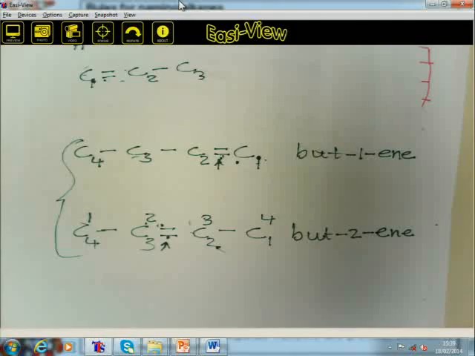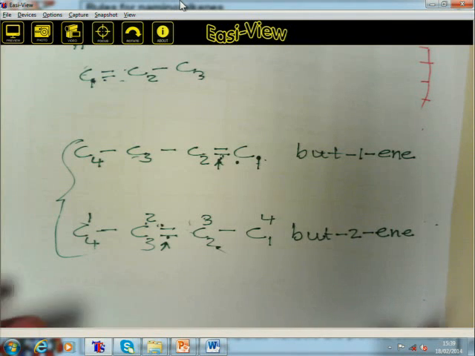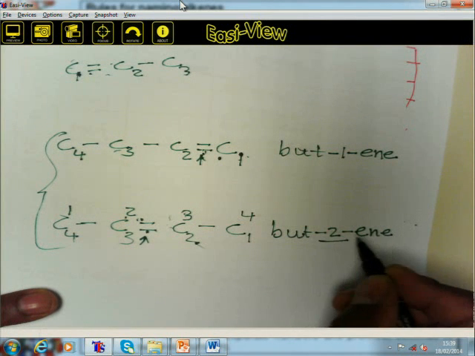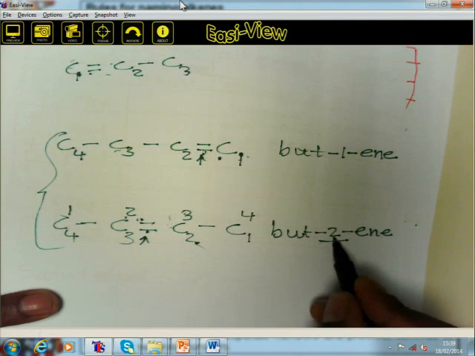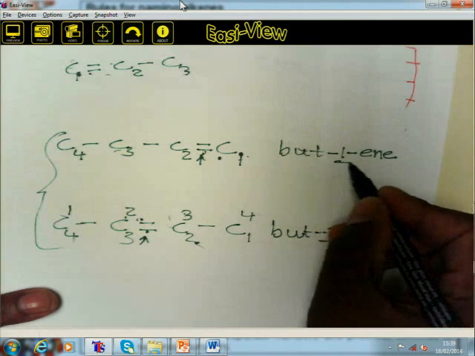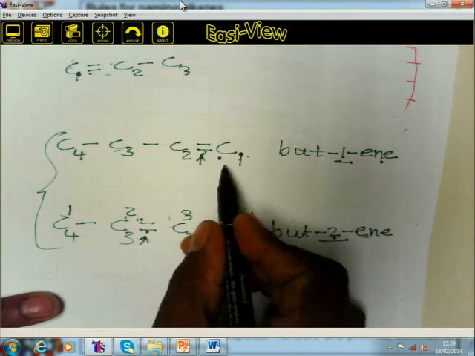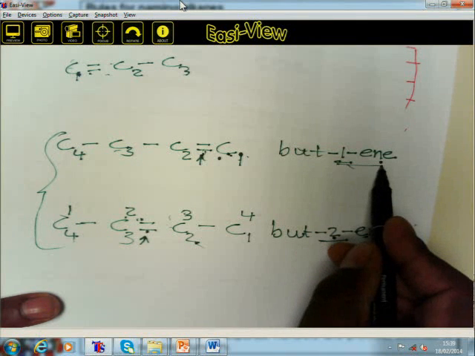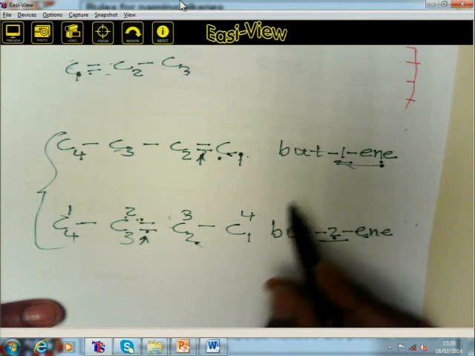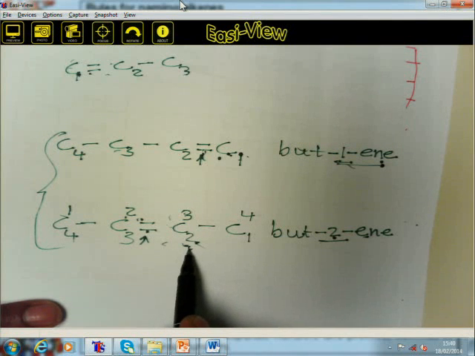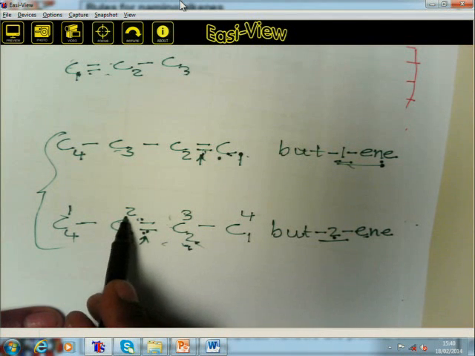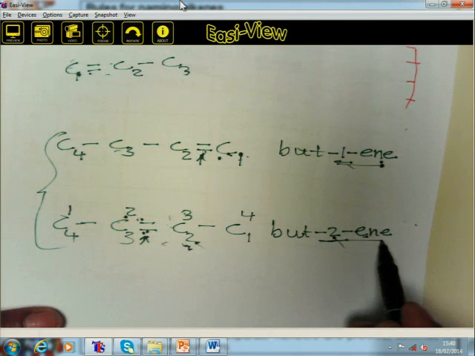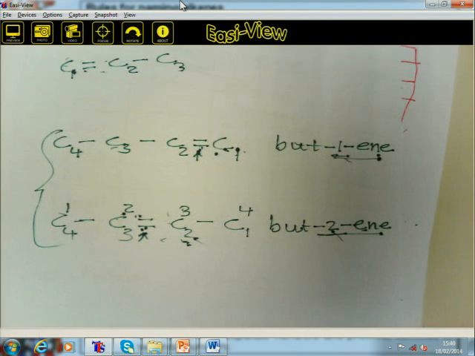You must indicate the position of a double bond this way: after carbon number 2, I've got a double bond. After carbon number 1, I've got a double bond. So there's my carbon number 1. After it, I've got a double bond. So there it is, the position of my double bond. And then this one, after carbon number 2, I've got a double bond. Or if I go this way, after carbon number 2, I've got a double bond, and then that will be the name of this compound, but-2-ene.